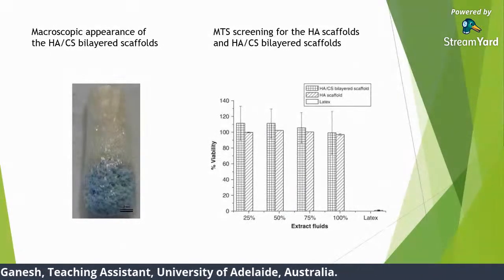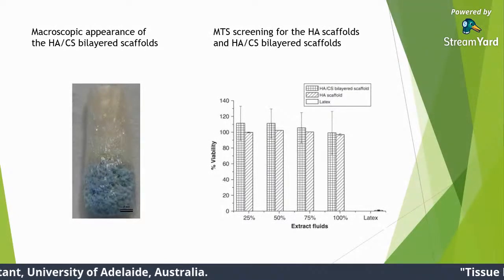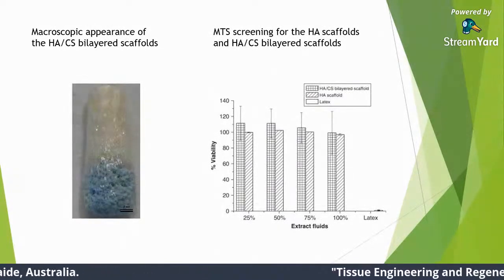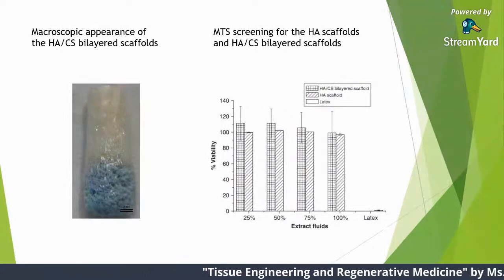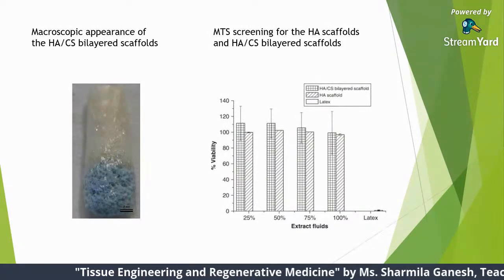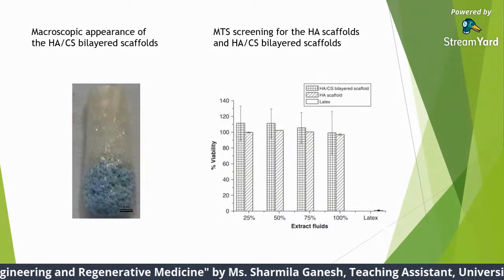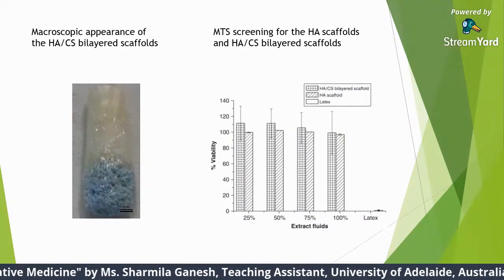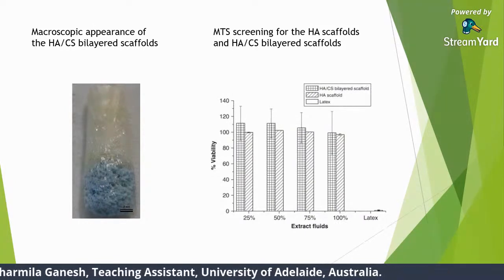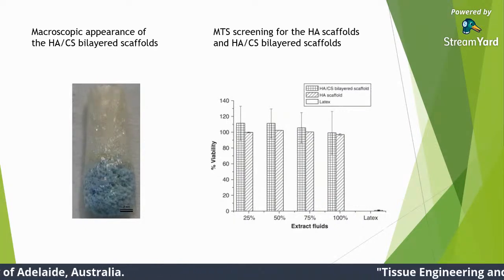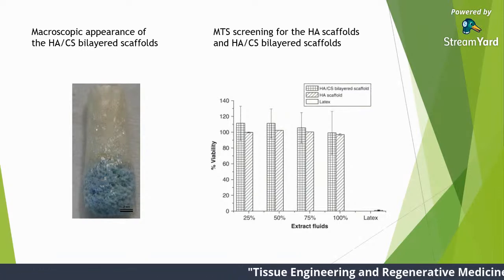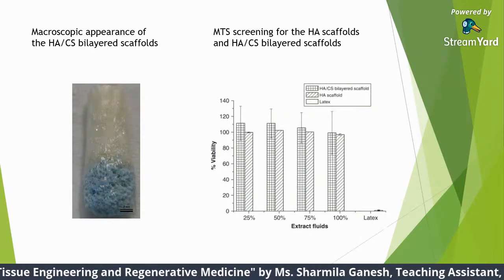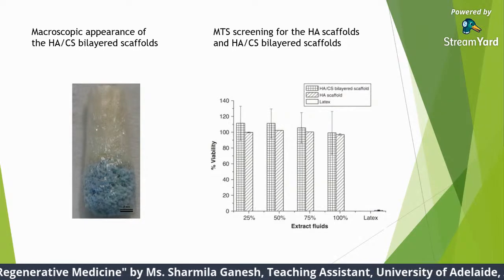As you can see, the one with the combination shows more viability than the hydroxyapatite scaffold. That means they promoted a good amount of differentiation and proliferation of goat bone marrow cells, which differentiated into osteoblasts and chondrocytes in the in vitro studies.